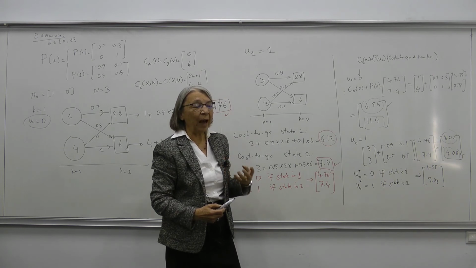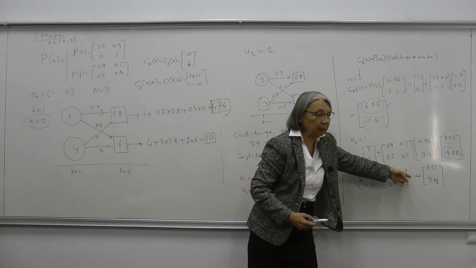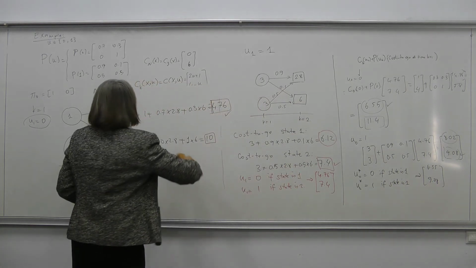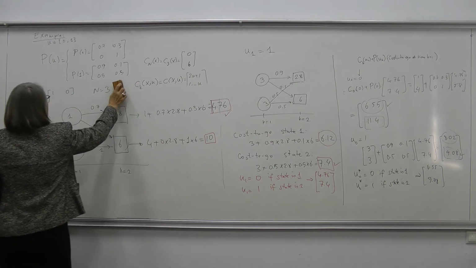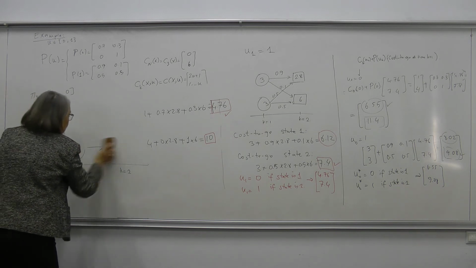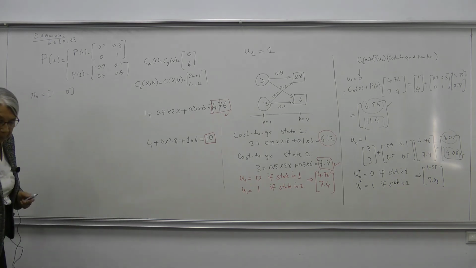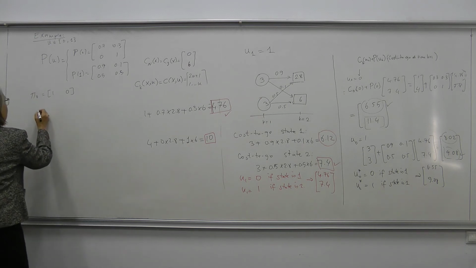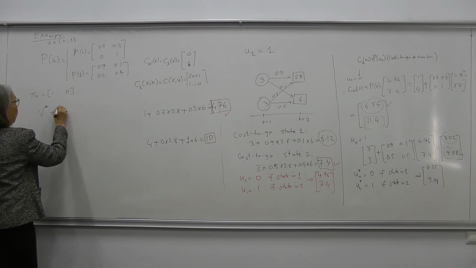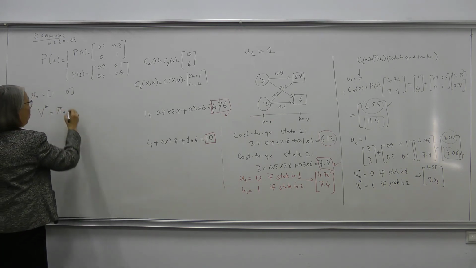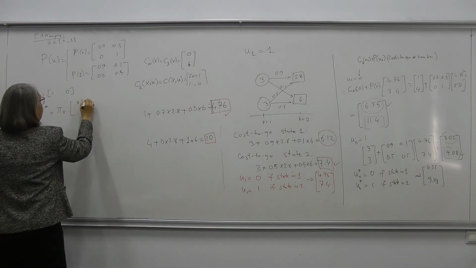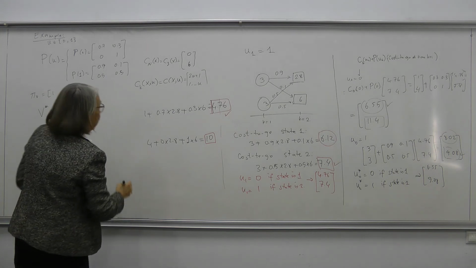And then the overall value of the objective function, of course, cannot be a vector like that one, but all we have to do is to multiply this vector by the initial condition, and therefore I will write here that the optimum value, let me write V star, V star will be equal to pi 0 multiplied by the cost to go vector there, which is 6.55 and 9.08.